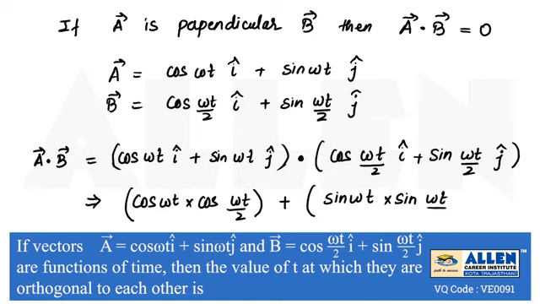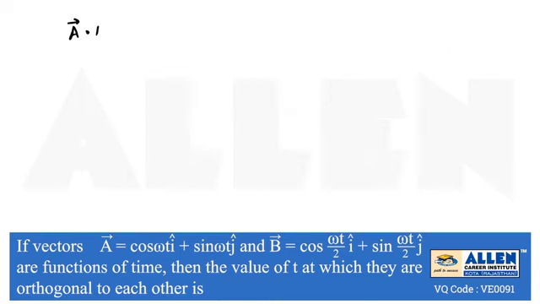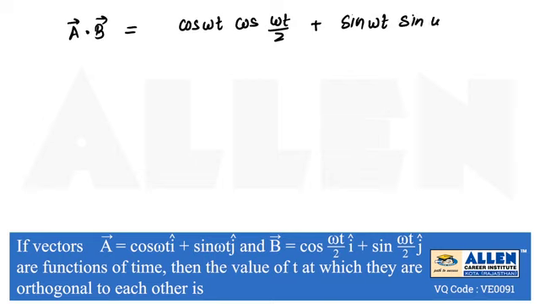Now we will simplify it further, which can be written in the following manner: A dot B is equal to cos omega t cos omega t by 2 plus sin omega t sin omega t by 2, and the whole value of this is equal to 0 because these two vectors are perpendicular to each other.